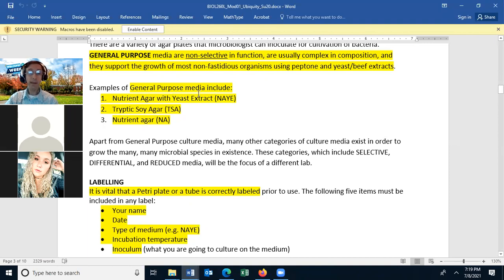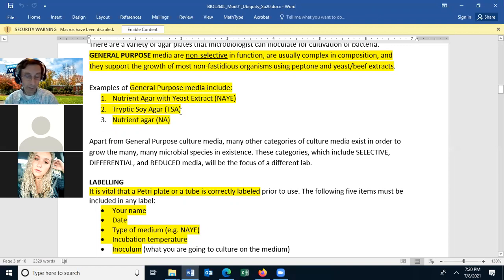Three general purpose media that you should learn are, I'm going to start down here because this is the simplest one, nutrient agar, or NA, and then you can take the nutrient agar and add yeast extract to it, and we call that nutrient agar with yeast extract. And then you can take tryptic soy agar, another general purpose media, and that we call TSA.